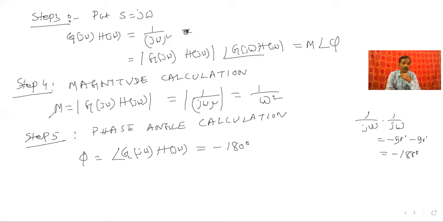So magnitude equals 1 by omega square and phase angle equals minus 180 degree.